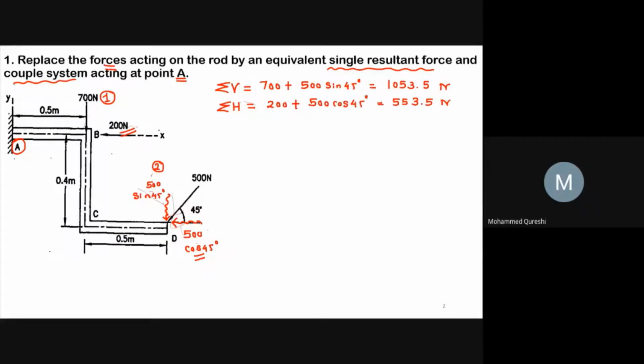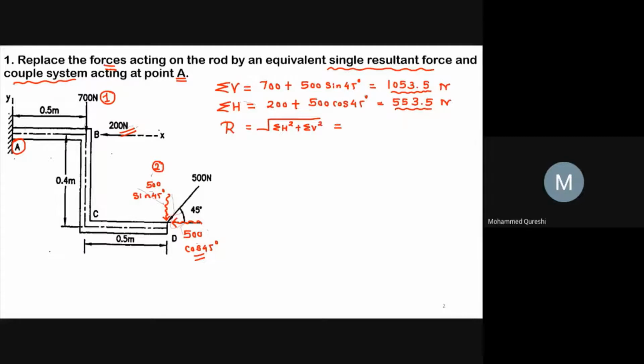As we know that the resultant force capital R equals to under root of sigma H square plus sigma V square. So equals to under root of sigma H square, that is 553.5 square, plus sigma V square, that is 1053.55 square.